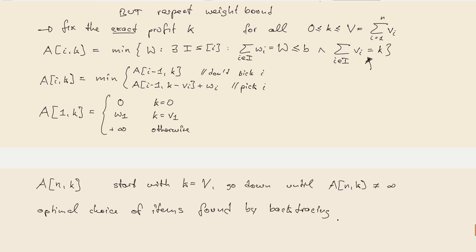That's the ordinary backtracing step in dynamic programming. So if you, for instance, for the last step here, you have a certain k, then you can check which of these two options for n-1 as i gives this value that you found there, and then that tells you whether you should include in the optimal solution the nth object or not.